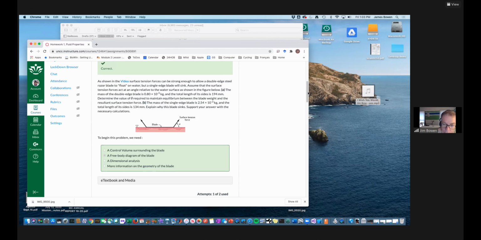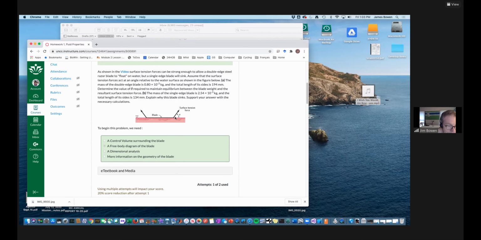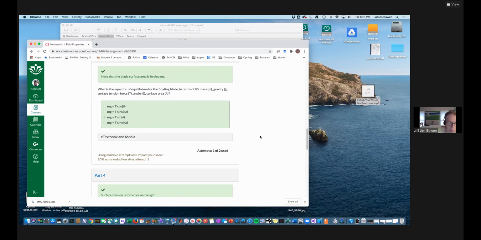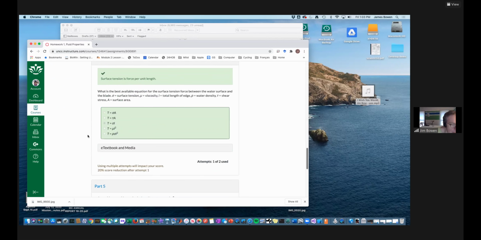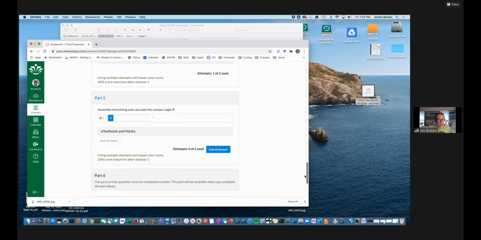What they're saying is that T, that total force, is the surface tension times a length. That would be my explanation of it.